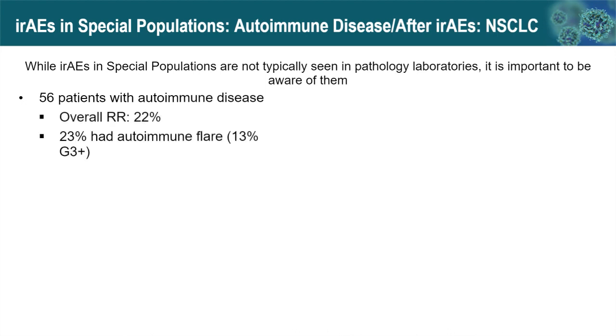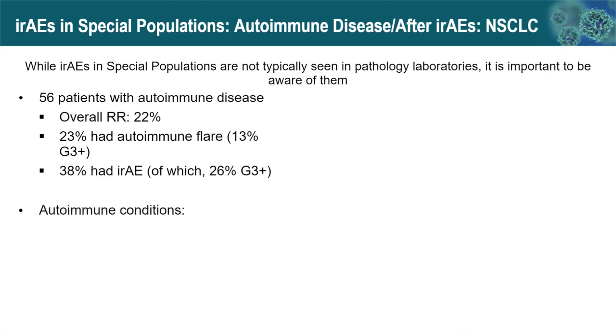The incidence of a flare of the patient's known autoimmune condition was 23%, with 13% grade 3 or higher toxicities. Importantly, 38% of these patients developed an immune-related adverse event, of which 26% were grade 3 or greater. So substantial toxicity, but not out of the realms of those that have been published in those without autoimmune conditions.